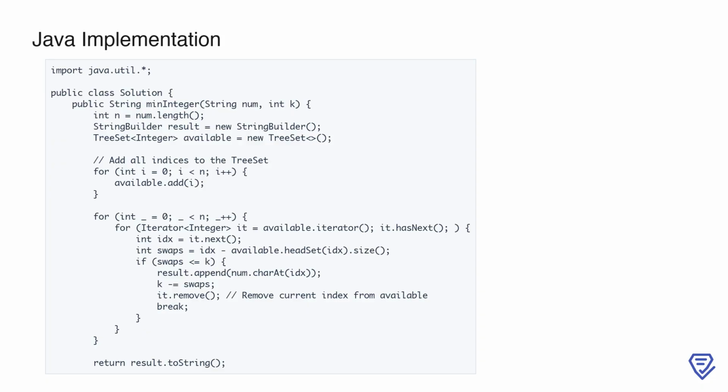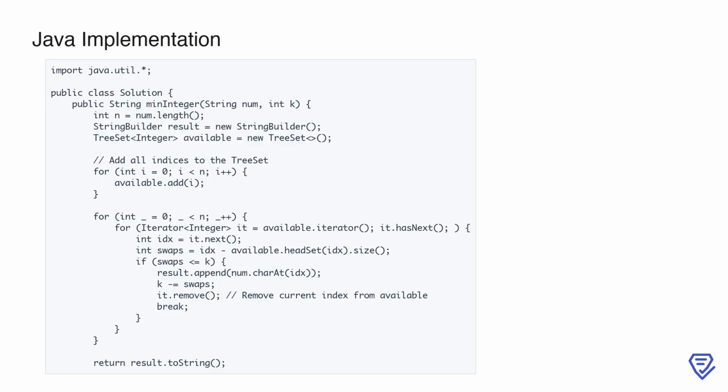Additionally, we use a TreeSet<Integer> named available to keep track of the indices of the digits in the input string. The TreeSet is particularly useful here because it provides efficient operations to retrieve and manage sorted indices. Next, we populate the TreeSet with all indices of the string number using a simple loop from 0 to n-1. This ensures that all positions of the digits are initially available for processing.